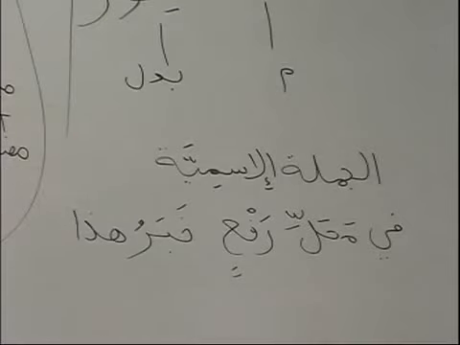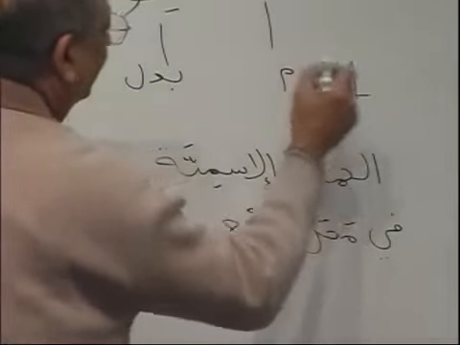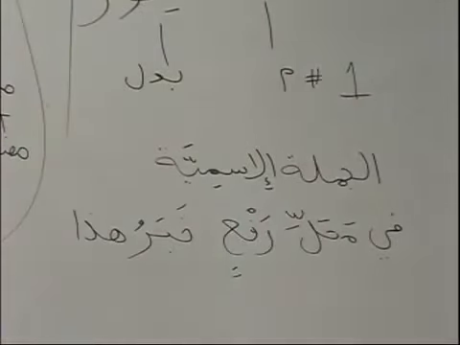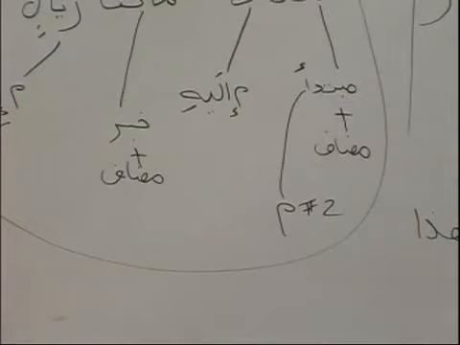Now, sometimes, if you want, you can also say, this is mubtada number 1. You don't have to. But sometimes, if you find that it is easy, mubtada number 1. And then what will you call this mubtada? You can call this mubtada number 2.